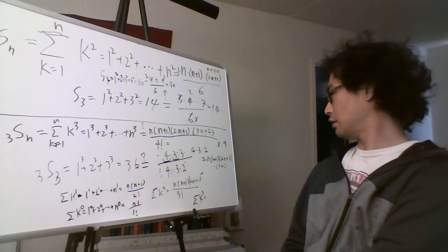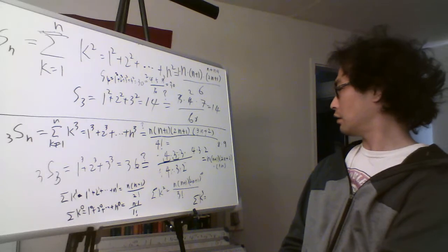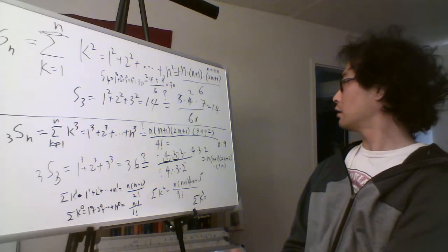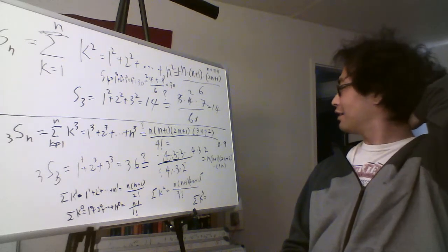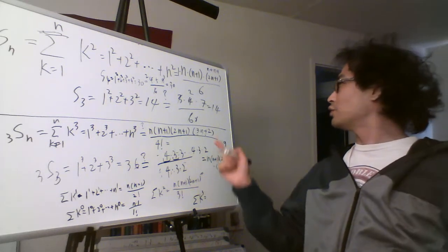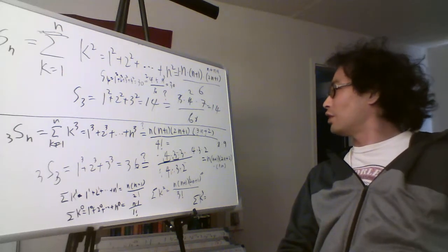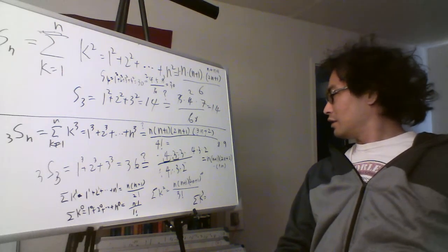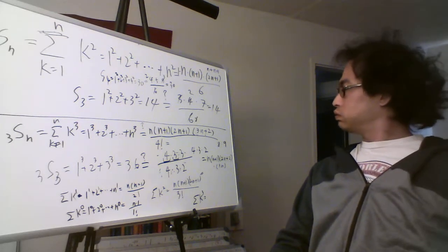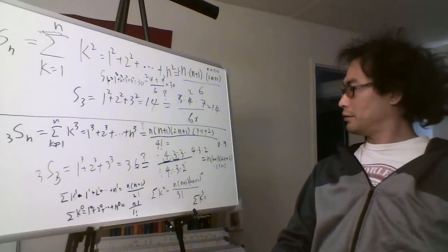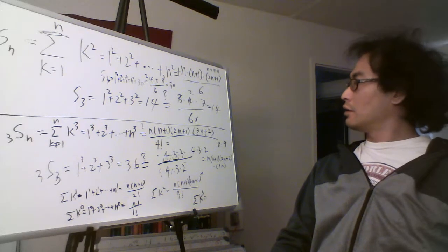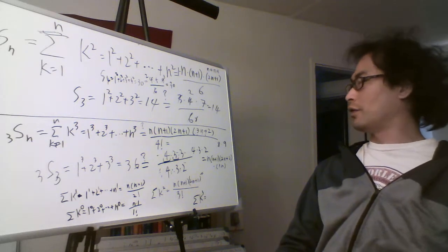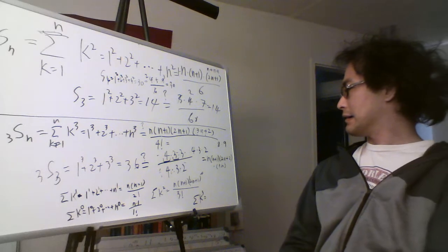Something like that? Because there is no 7 here, so we cannot do 2n plus 1, okay? So there will be our tentative formula, okay? So we're not sure.